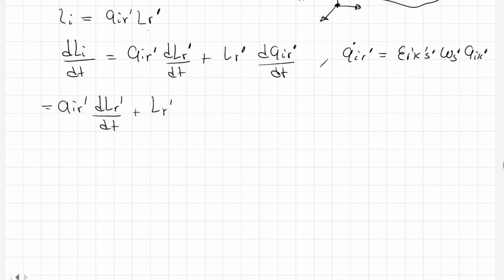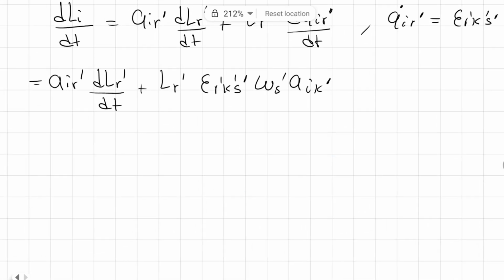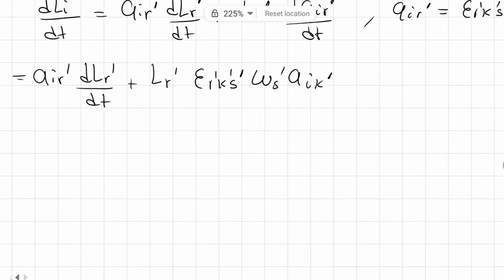Let me erase that plus sign. Yeah, to get that this is epsilon_{rks} ω_s a_ik prime. And as you can see here, we can switch the r for the k in order to be able to have the same common factor a_ir.